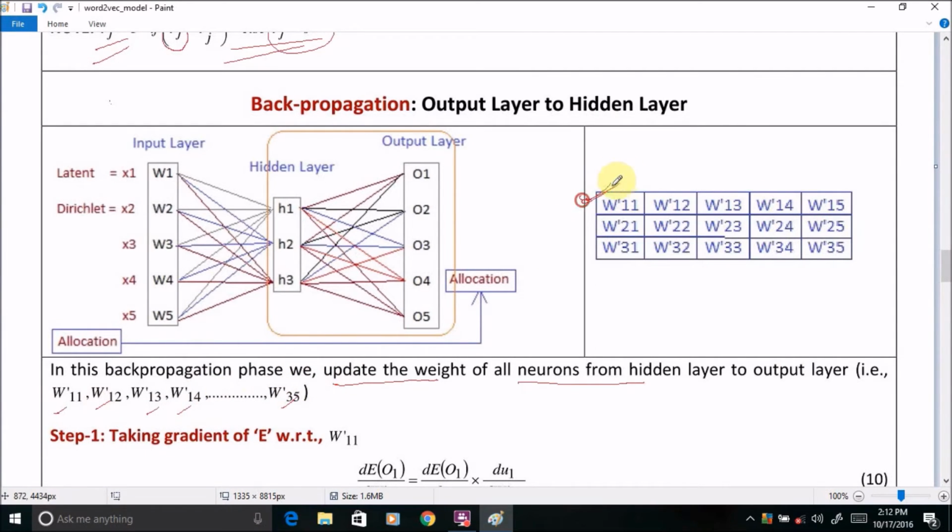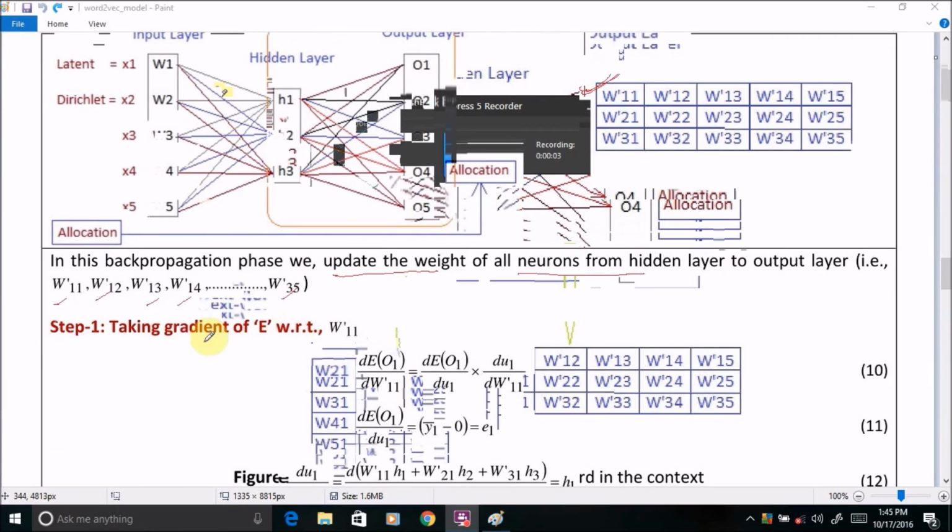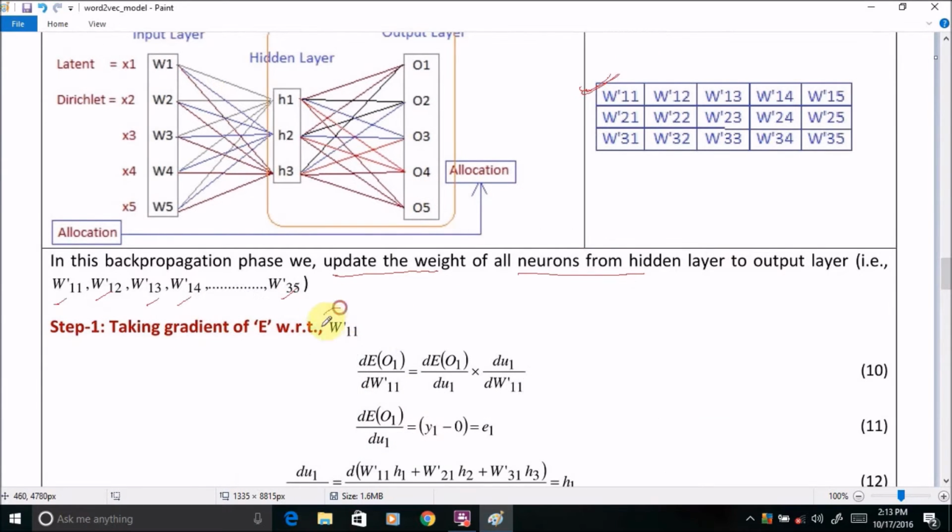Means we have to update this matrix. So as we do in the traditional backpropagation, we will take the gradient of E with respect to W'11. So let us start with W'11.